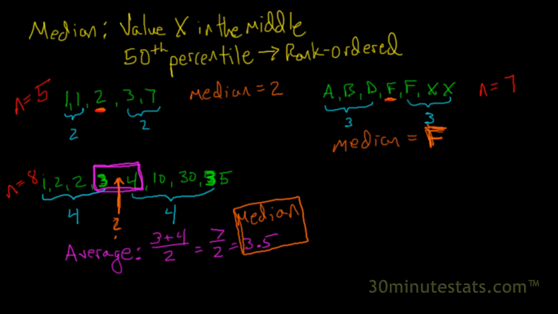Okay, so let's see another example using an even number of observations, just to make this really clear for you. Let's say we've got this array: 1, 2, 3, 4, 10, 40, 45, 46, 53, and 51.